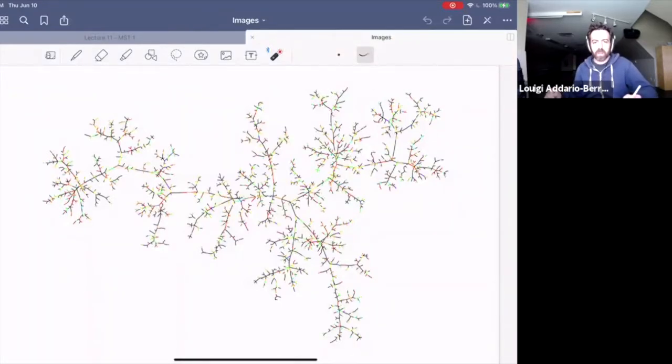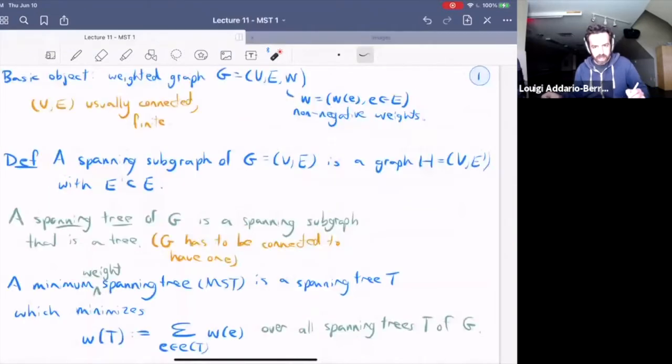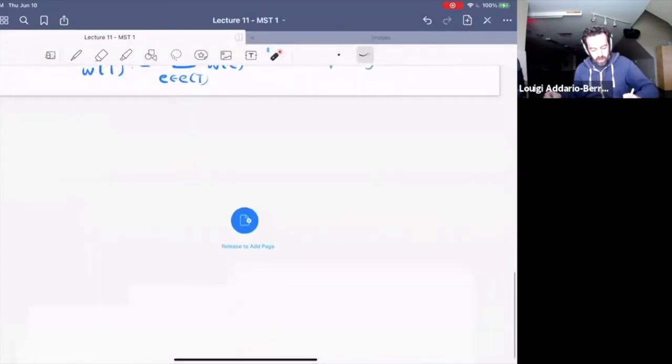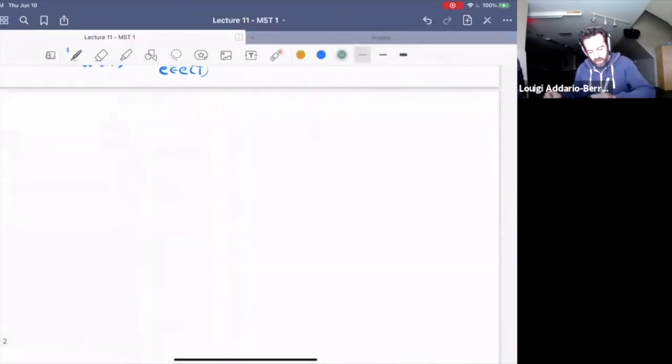Any other questions about the drawings before I go on to the more pedestrian setup about MSTs? Okay. So the first important fact about the minimum spanning tree is that it is quite generically the minimum spanning tree, not a minimum spanning tree.